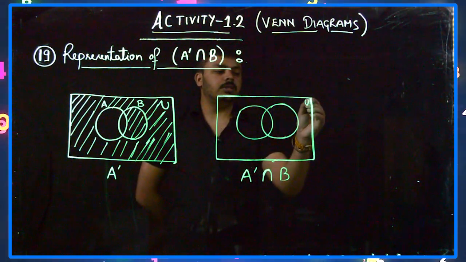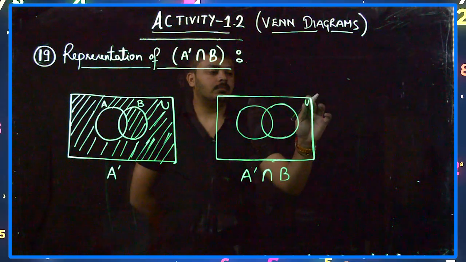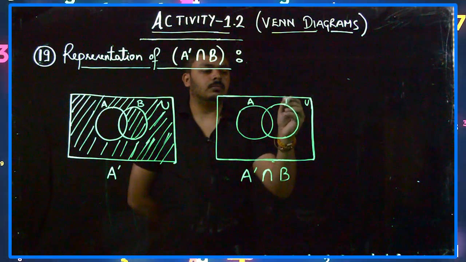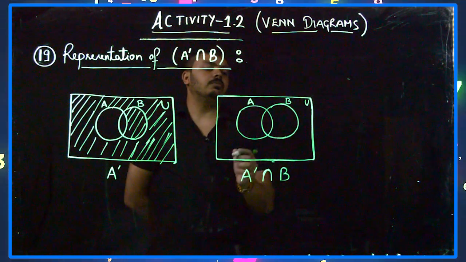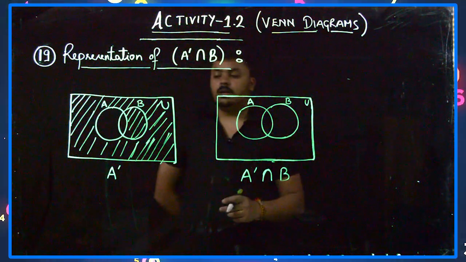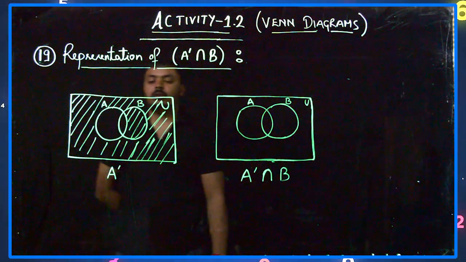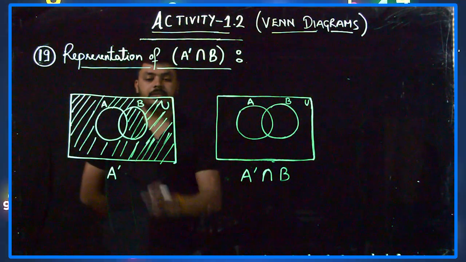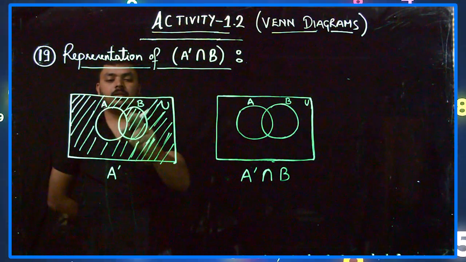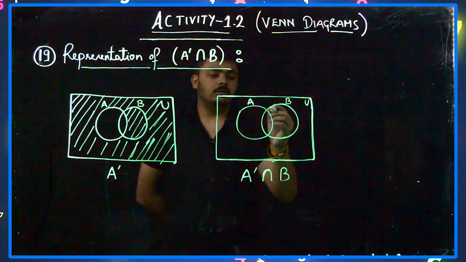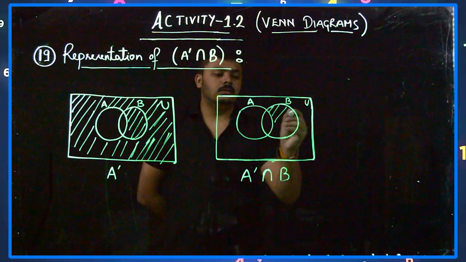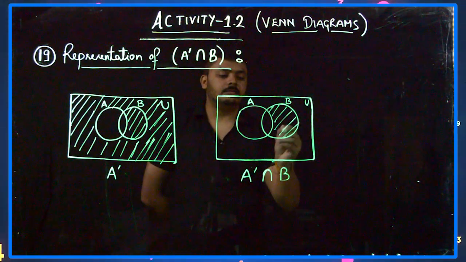This is the universal set, set A, set B, and now the intersection of A complement and set B is this shaded region.